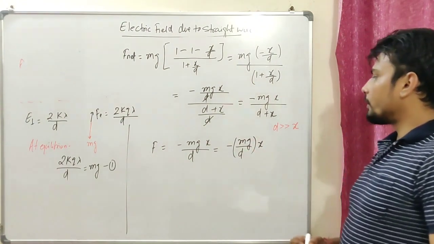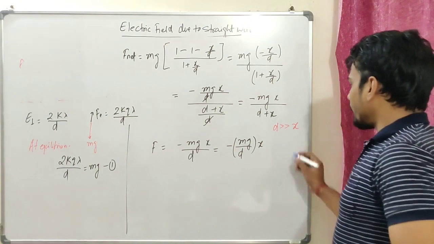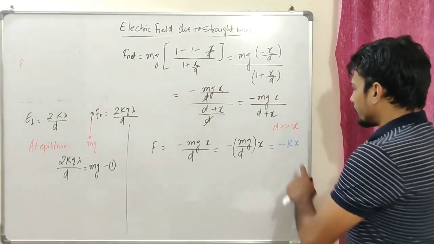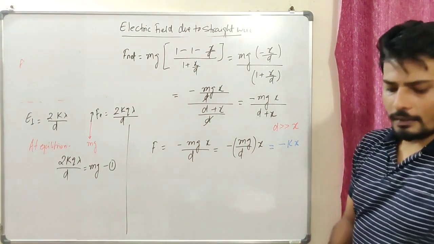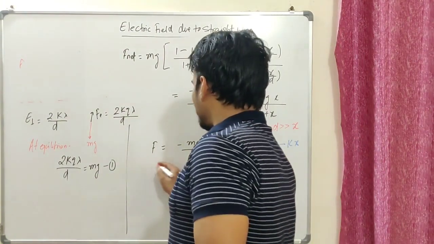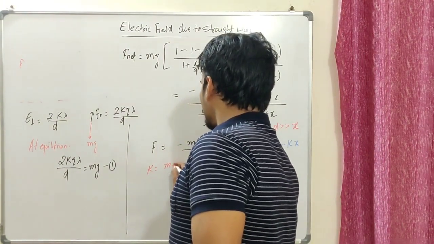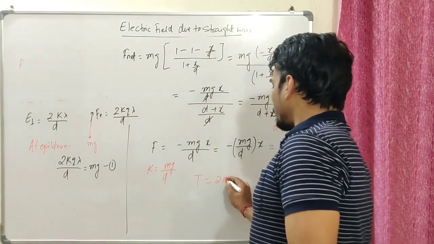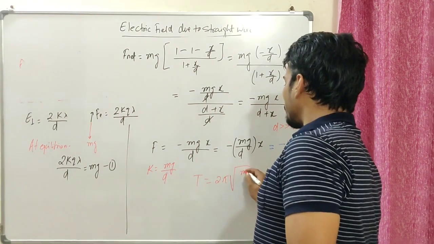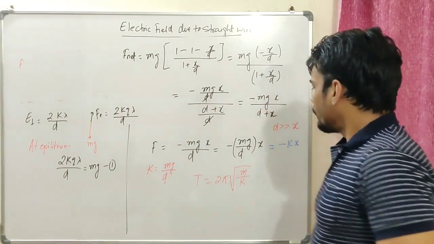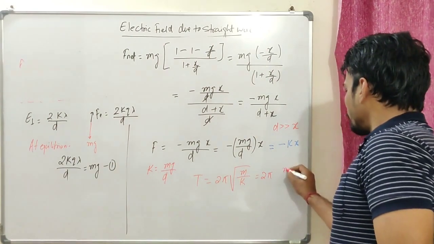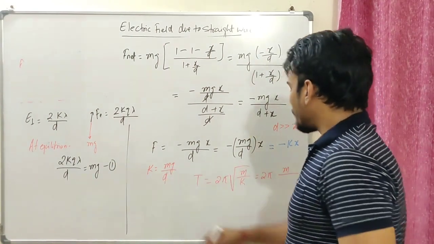If I look at this and compare with minus kx, I'll find that the value of k is mg over d. So from here I got the value of k as mg over d, and we know the time period should be 2π under root of m over k. So that should be 2π under root of m over mg by d.